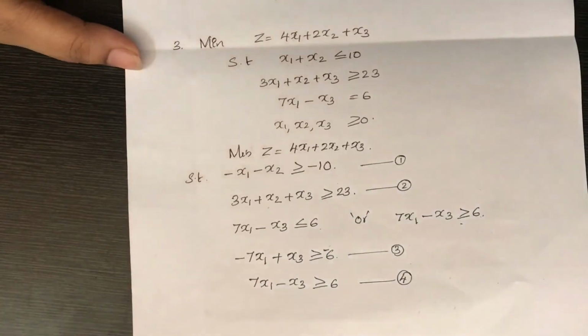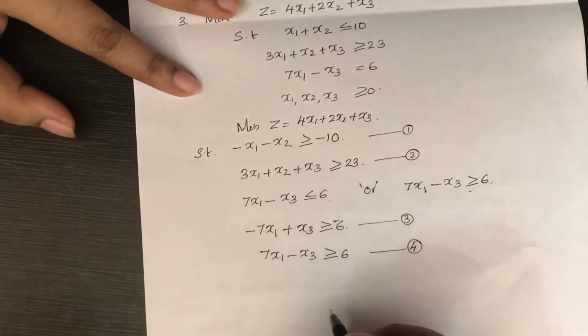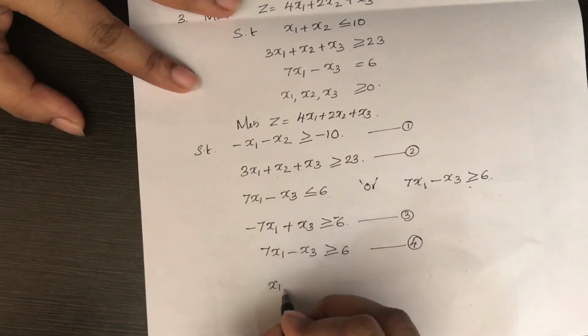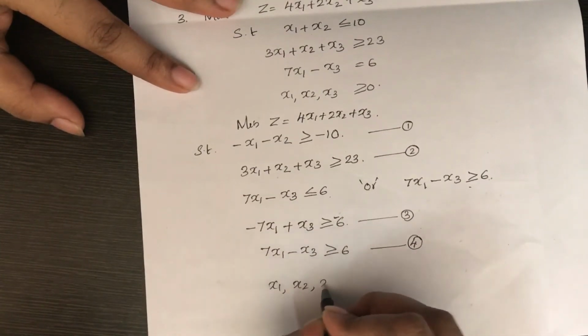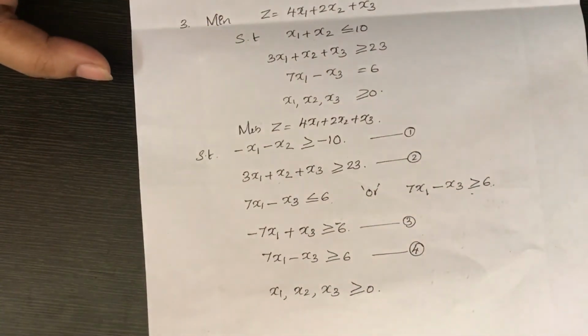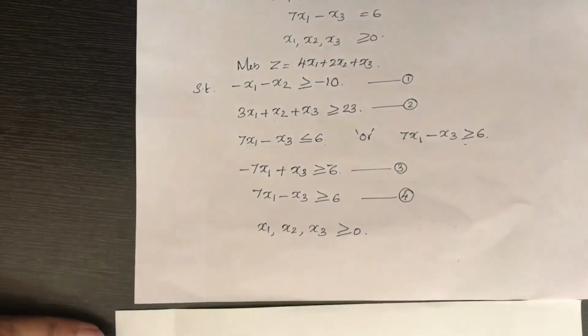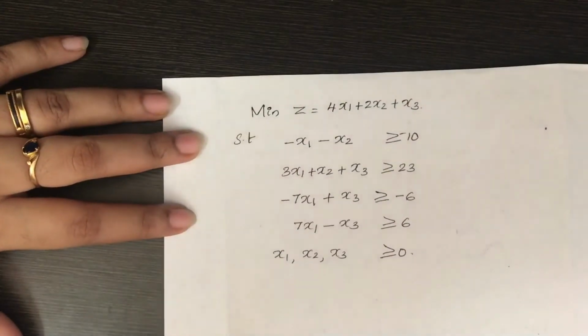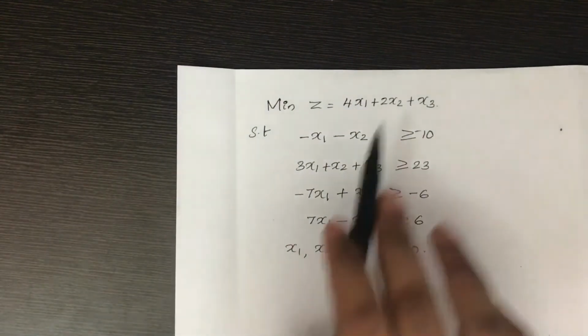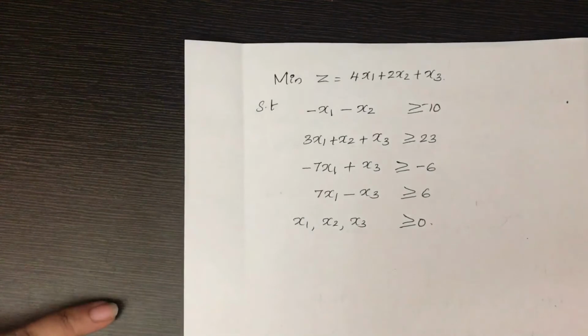These are the four constraints in the question, plus our non-negative constraint x1, x2, x3 greater than or equal to 0. I am writing it in LPP standard format. So I have written the constraints in that format, and this is our primal.